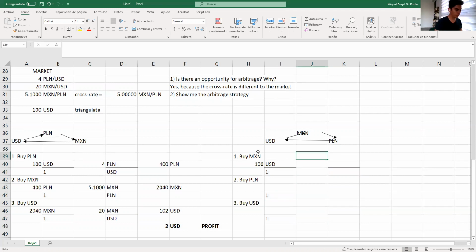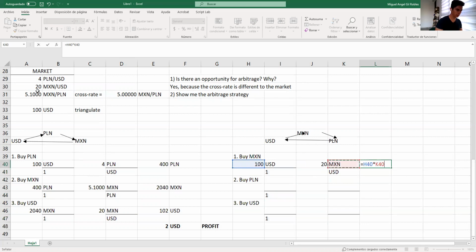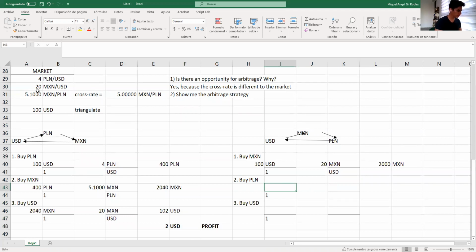It's $100 and I am moving to pesos, so I need to use the 20 pesos. This is pesos. And then I need to multiply this times this, and I have 20,000 pesos. Then I convert that to zlotys using this one. I'm not using the 5.1.